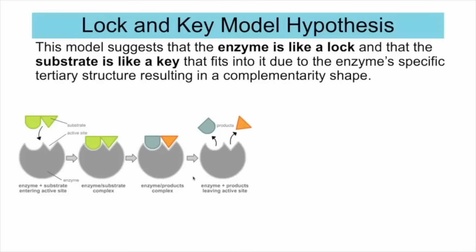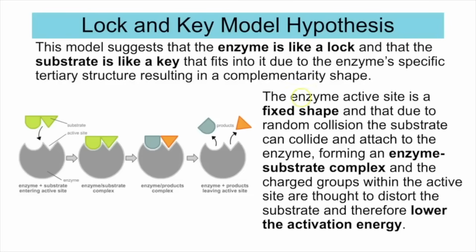And there are two different hypotheses that went about explaining this. The lock and key is the older model, and this model suggests that the enzyme is like a lock and that the substrate is like a key, and that key is perfectly complementary in shape, so it fits into the lock. In this analogy, due to the enzyme's specific tertiary structure, it's completely complementary, so it can slot that substrate into the active site.